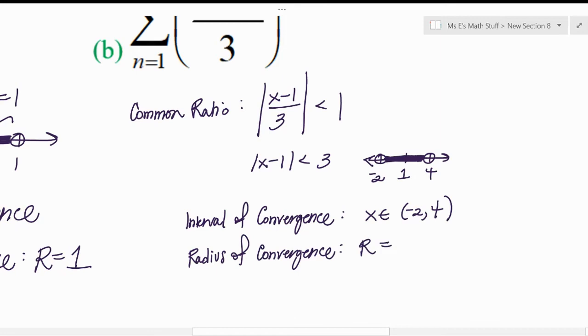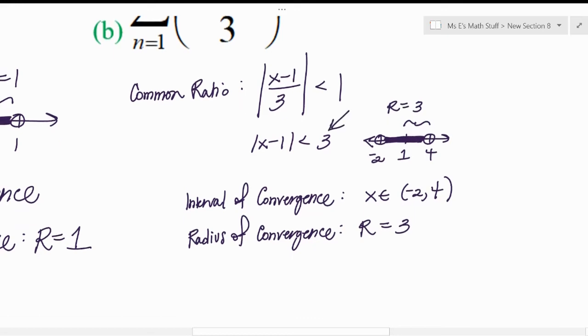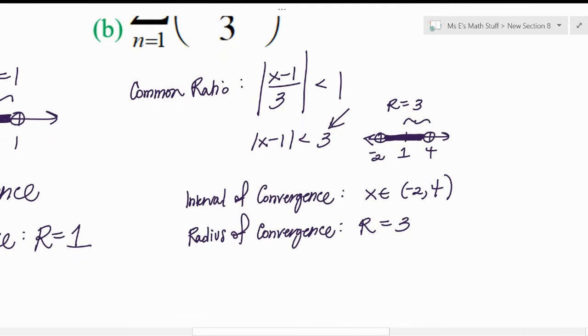I hope visually it makes sense. Your radius was 3, which showed up here in your number line. It showed up there in your work as well. If you were asked, where is your interval centered? I hope visually it makes sense that it's centered at 1. So hopefully most of the stuff just kind of feels right and it doesn't feel like a ton of memorization.